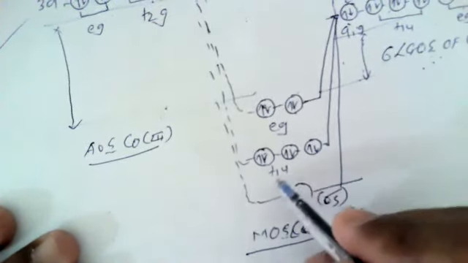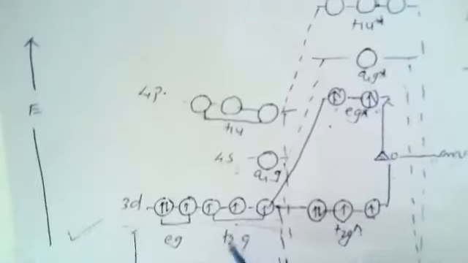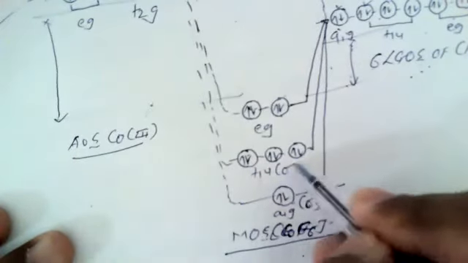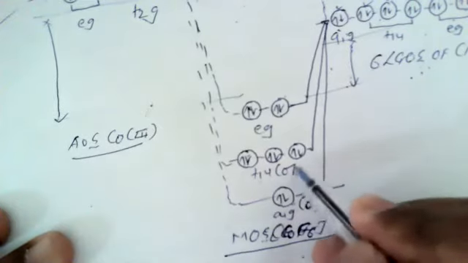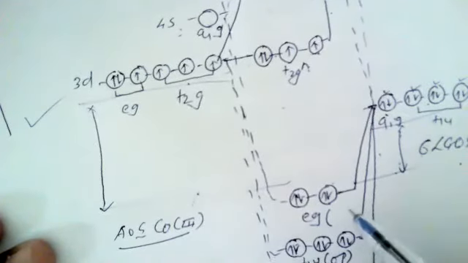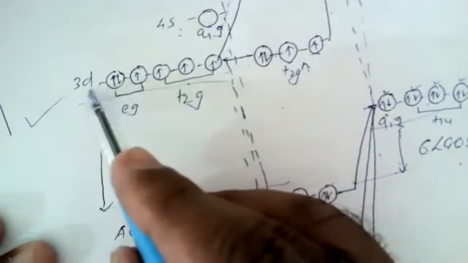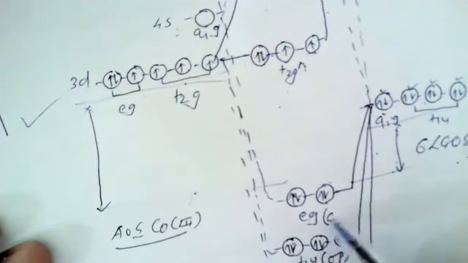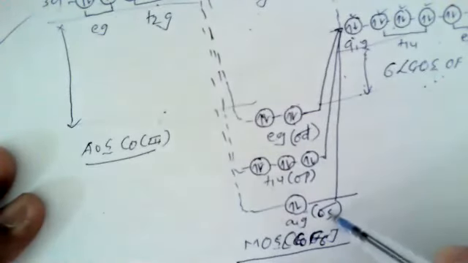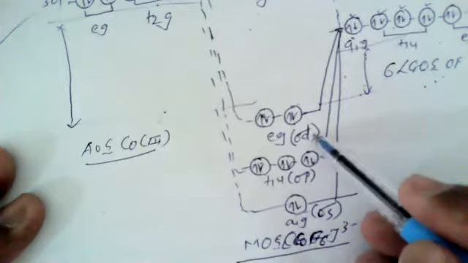Then T1u, the original orbital is 4p, forming a sigma bond, so it is sigma p. Then Eg, the original orbital is 3d, the type of bond is sigma, so we label this as sigma d. So sigma s, sigma p and sigma d.